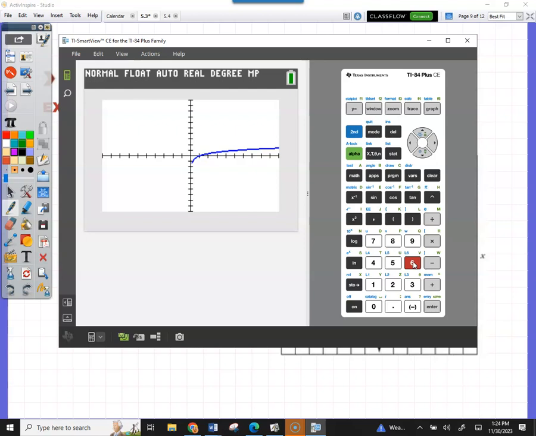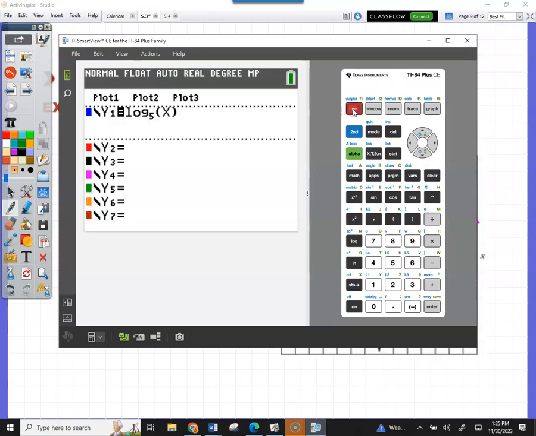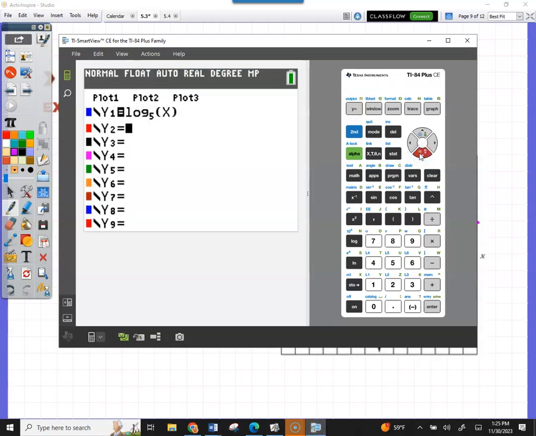The inverse of x squared would be square root. We can just put it right here, just kind of sketch. This was just to give you an idea of what it looks like. You don't have to be exact. Go to the next one. Let's look at ln of x. I'm going to leave that one on there, and I'll just type it here.